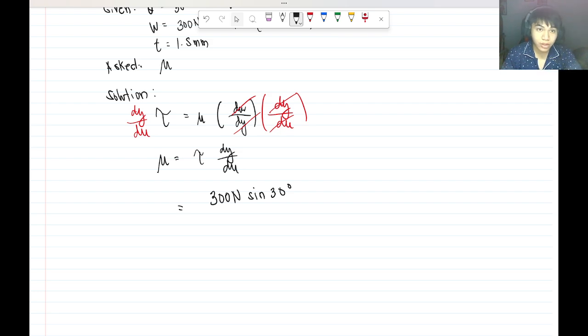And for this one, we have to consider the thickness. We will use the thickness as, I think, would that be the height in this case? Since it's this one.